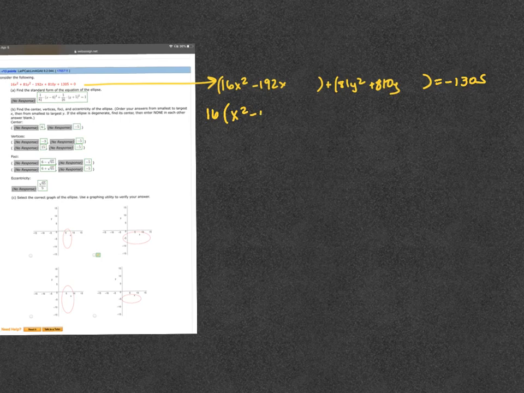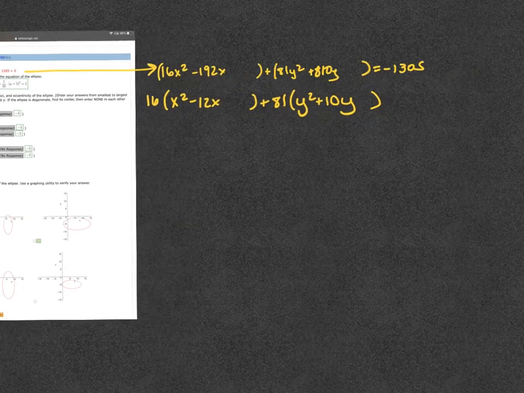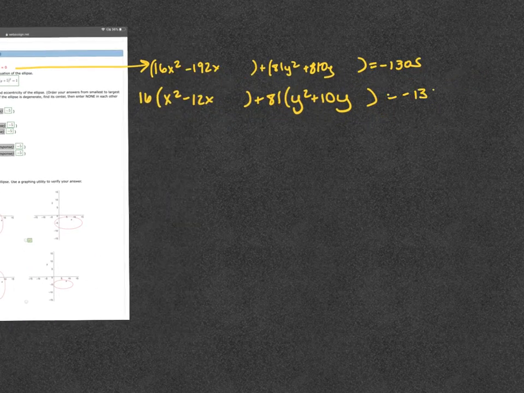That's 12. Take out the 81. That's 10. Equals negative 1305. Then 12 divided by 2 is 6. 6 squared is 36. And I have to do 36 times the 16, so I'd add 576. 10 divided by 2 is 5. 5 squared is 25.